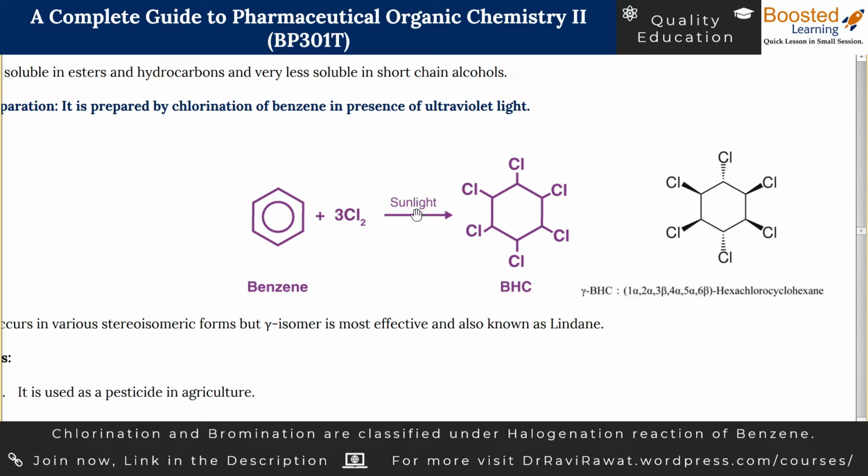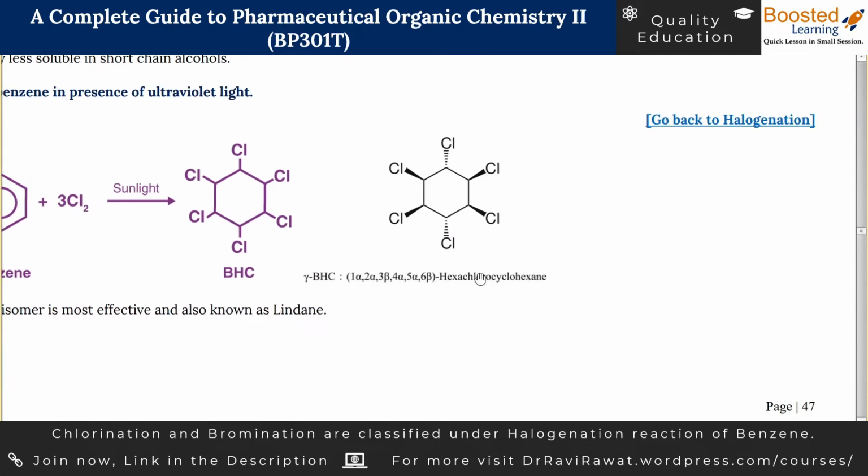As you can see, in the presence of light, the chlorine reagent is added across the 3 pi bonds of the benzene ring, giving us the addition product. So double bonds are missing and a chlorine atom has been added to each carbon. The product is called benzene hexachloride. We will discuss this reaction in detail in further lessons because it is one of the products that we have to study.